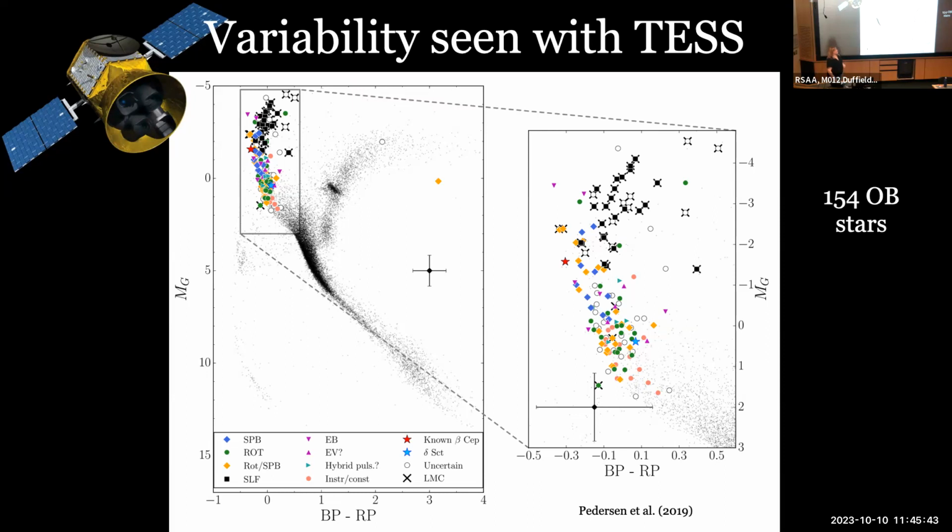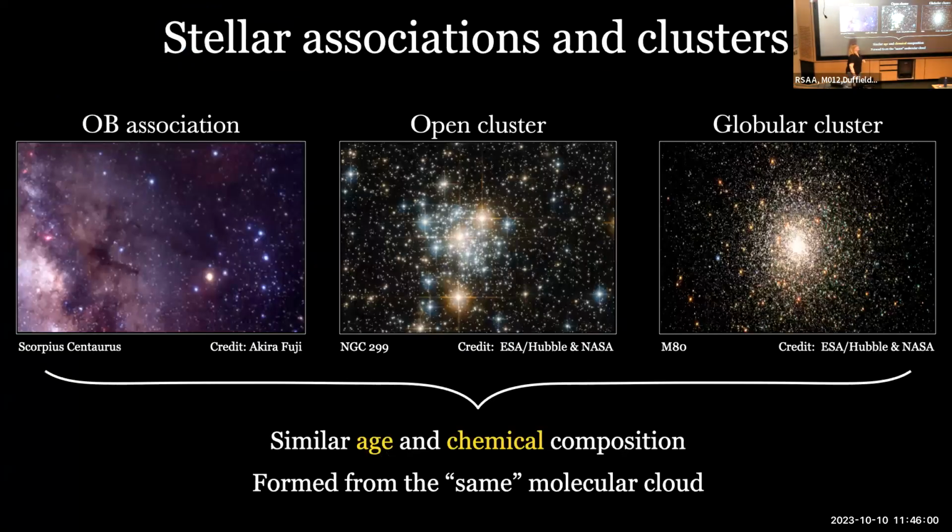What I really want you to take away is that these stars have a lot of different types of variability that are super interesting to study, and are really opening up new opportunities with TESS for studying massive stars. The ones that I'm most excited about are the opportunities to study massive stars in associations and clusters.